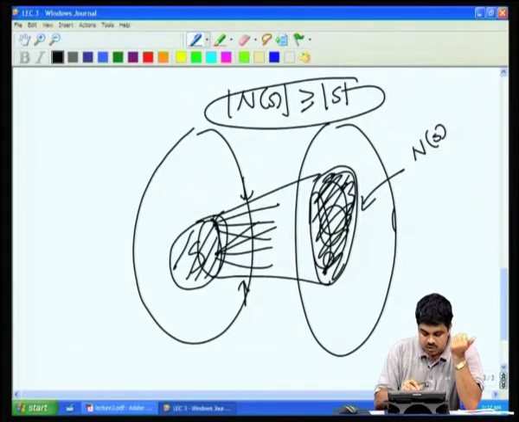We ask how many edges are going out of one vertex from S, and then another vertex we take.